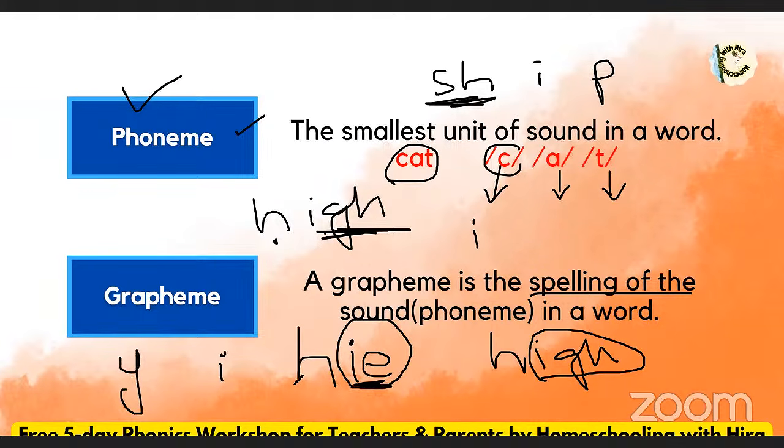So all these are different graphemes for the same phoneme. I'm repeating my words: all these are different graphemes, meaning different symbols for the same phoneme, meaning the same sound.